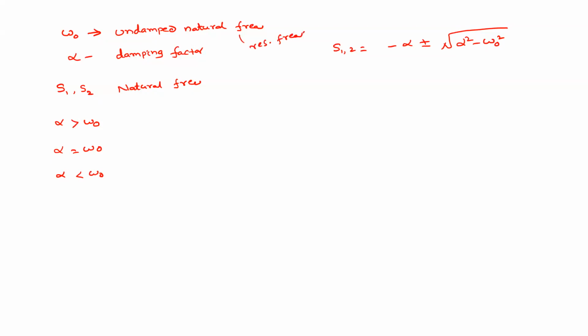When alpha is greater than omega naught, this is known as overdamped. Alpha equal to omega naught is known as critically damped.